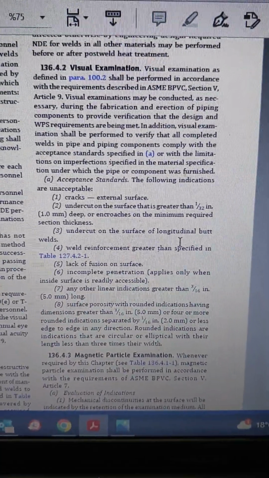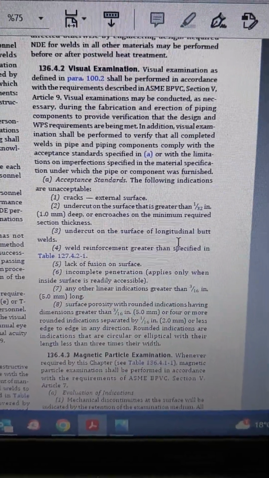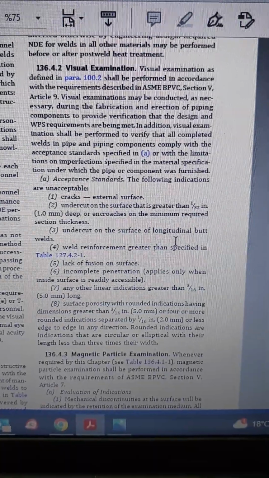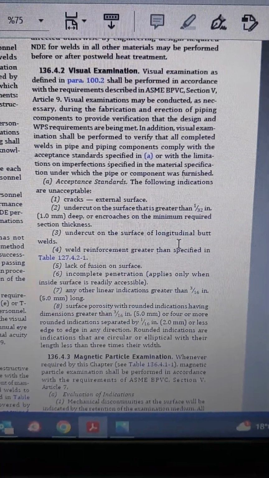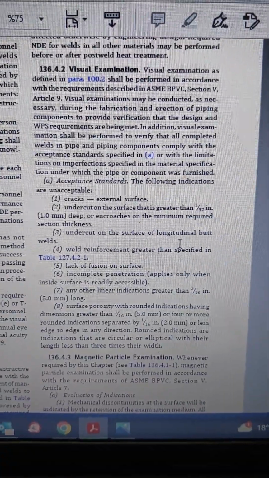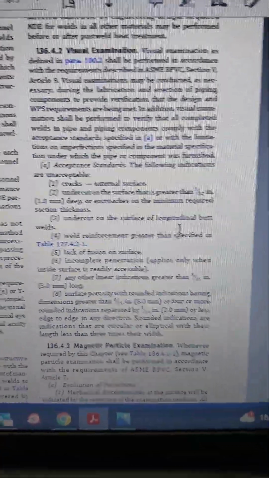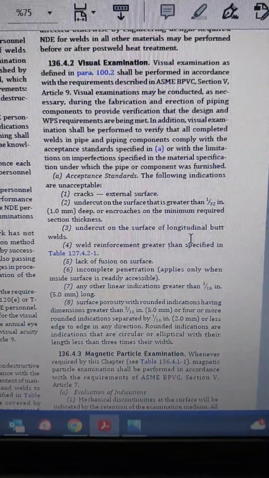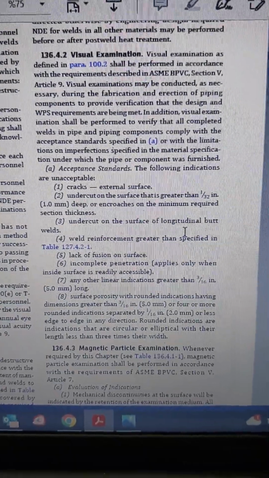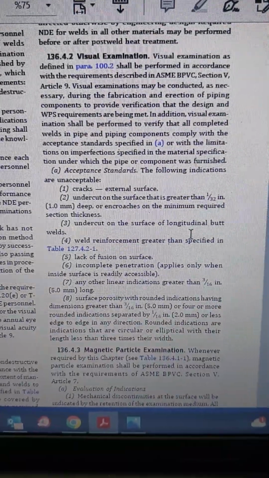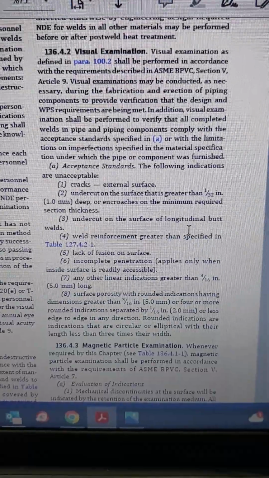Paragraph 136.4.2, visual examination, mentions how we are going to apply visual examinations to the defects under the description.